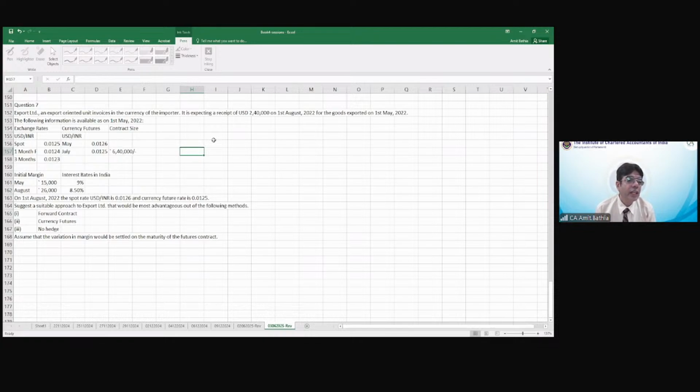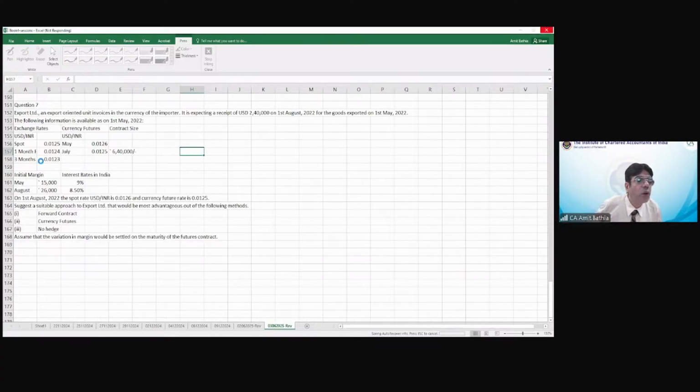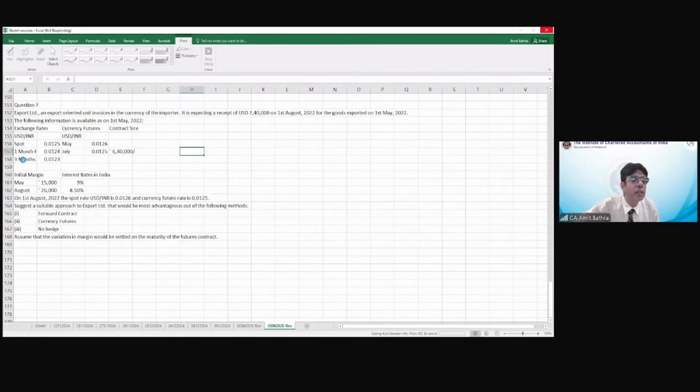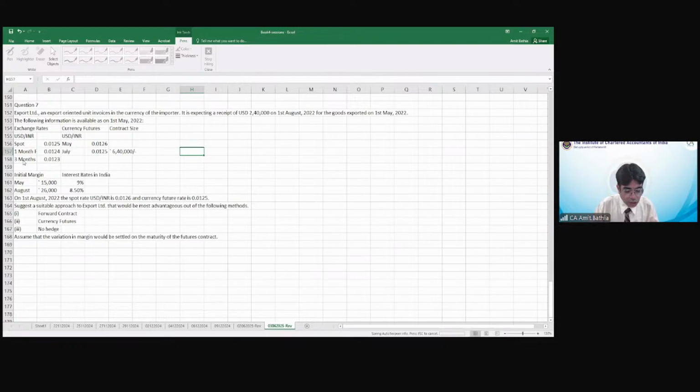You are given exchange rates. Spot rate is 0.0125. Then 1 month forward rate is 0.0124 and 3 months forward rate is 0.0123.